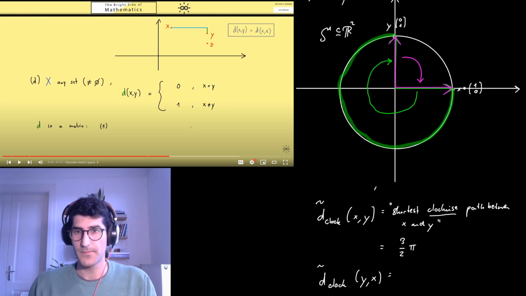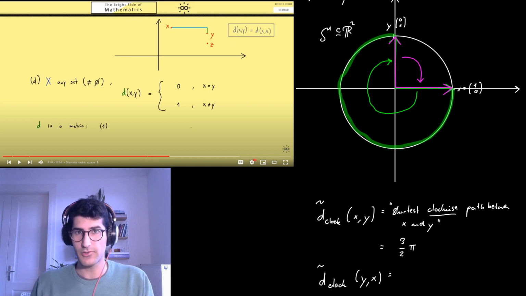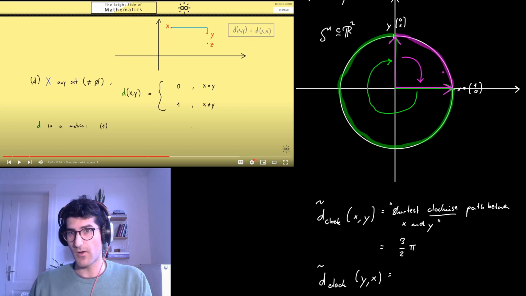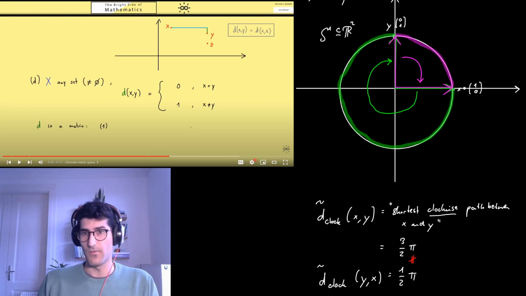In this case, the length of the connection is just this shorter path here. So I only need to run a length of 1/2 pi. And we see, of course, 3/2 pi is not the same as 1/2 pi.